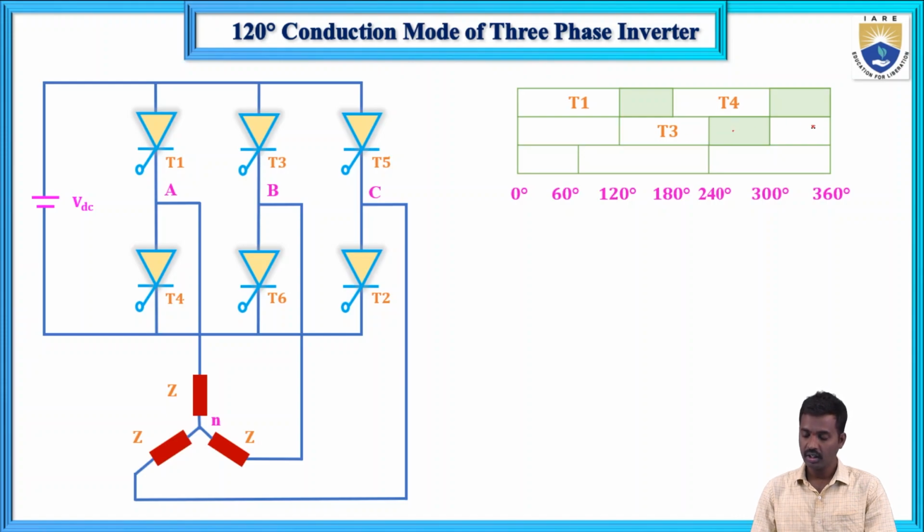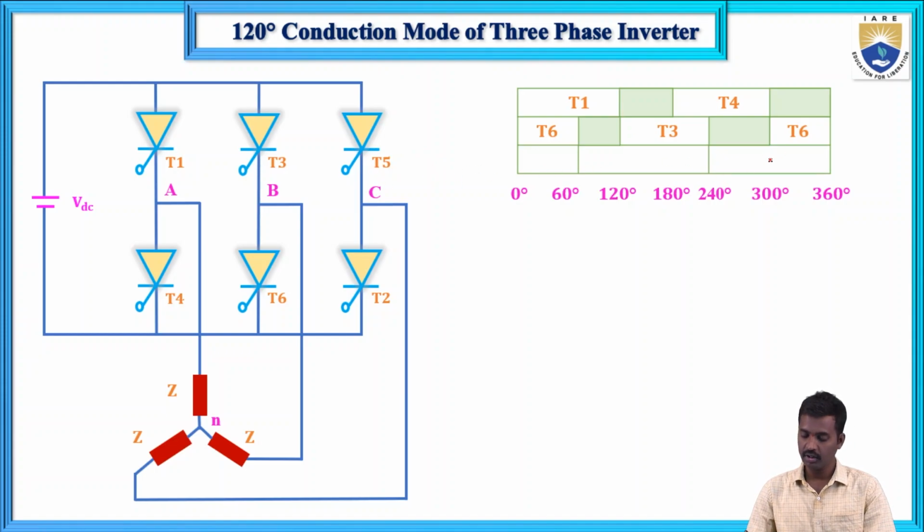And next, what is the thyristor? Here the lower group switch is T6. So the T6 thyristor will conduct. T6 conducts only up to 120 degrees, and the remaining it will be vacant. Next, in the third leg, the upper group switch is T5.